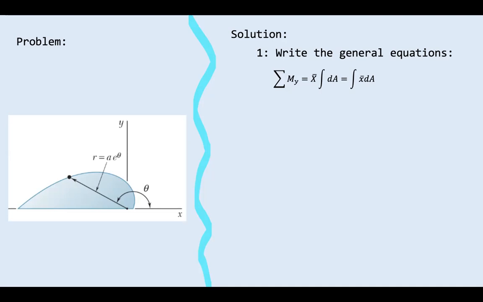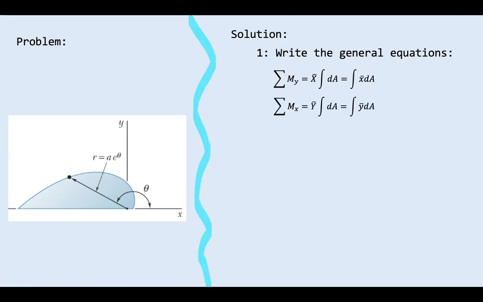So over here, we will be dividing this shape into very, very small sectors, and then we'll be summing up the centroids of each individual sector and also the areas of each individual sector. So this is what this equation is talking about.